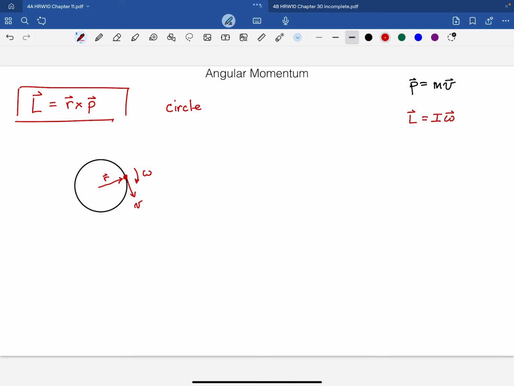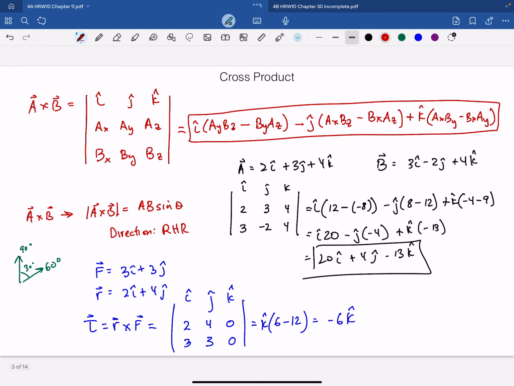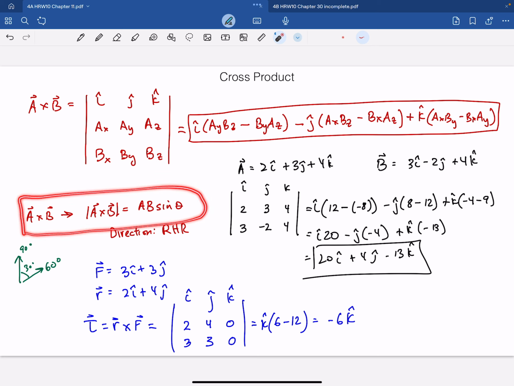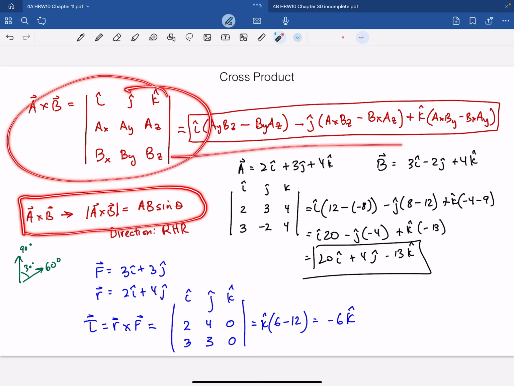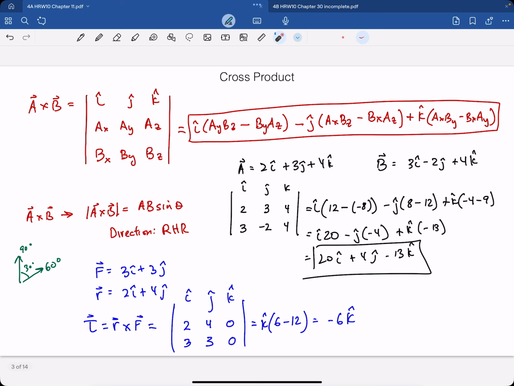So assuming circular motion, this angular momentum vector's magnitude can be found by doing one of our cross product things right here. Instead of having to go into this huge matrix and figure out everything in 3 dimensions, I can use this idea that I can find the magnitude of my angular momentum.